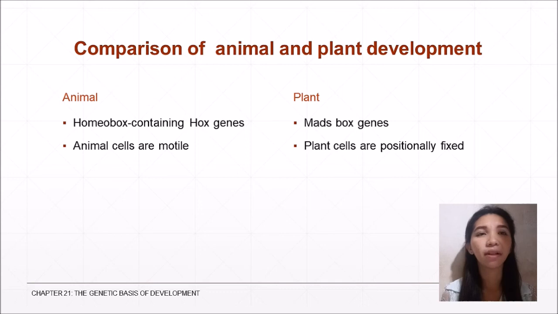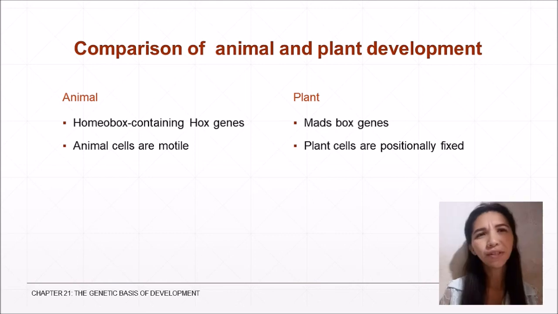Comparison of the developmental mechanisms of plants and animals shows that development was independently invented in each lineage. Although homeobox genes and MADS-box genes existed in the last common ancestor, MADS-box genes play a very important role in the regulation of plant development but not in animal development, where homeobox genes are important.